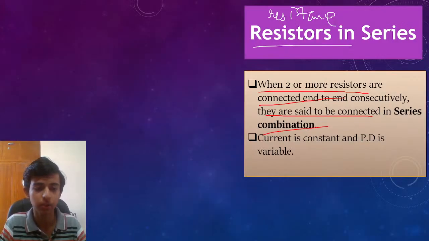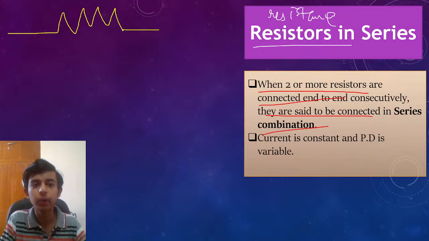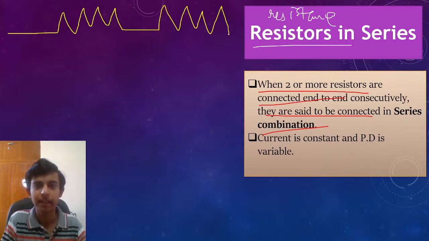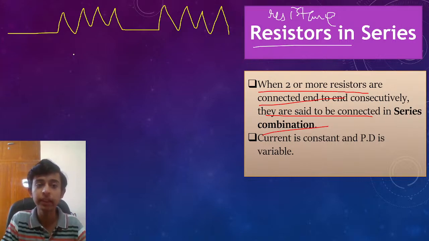Suppose I have this resistor. From this end I am going to connect another resistor, and whether you connect 2 resistors or 3 resistors, if you connect them end to end, then they will be in series.